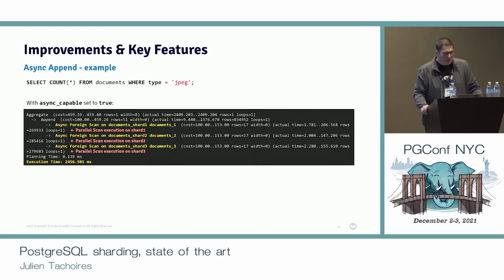So the execution time is twice as fast as without async append. So this is a big win. But we should keep in mind that there is no parallel mechanism involved on the coordinator side, just asynchronous execution. But making things asynchronous leads to parallel executions on shards.